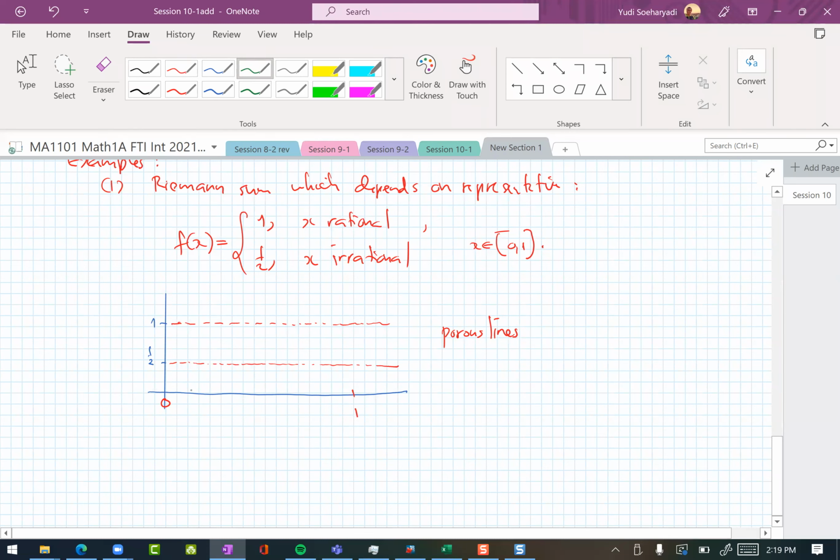All right, so first we do the partitions. Let's say 0, x0, x1, x2, up to xn, where xn equals b, which equals 1.